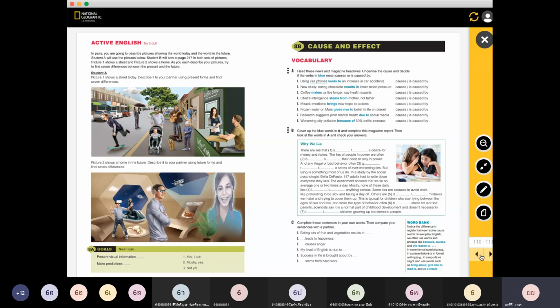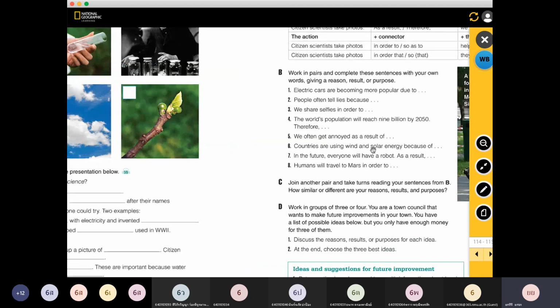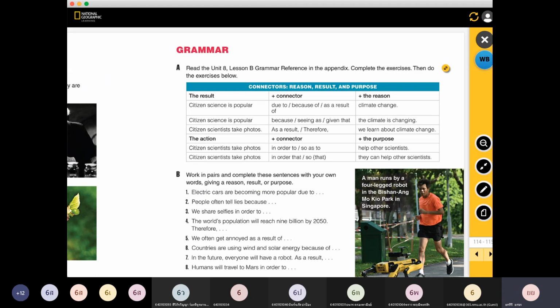In the next part, as we previously talked about, when we talk about cause and effect, we use verbs. We choose whether we want to start with the cause first or the effect first, and then we use verbs to describe it right away. But you can also use connectors, to connect reason, result, and purpose here.